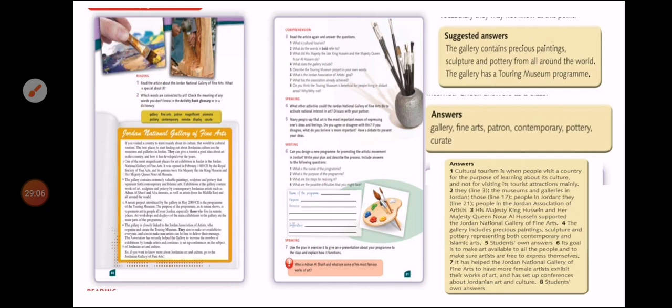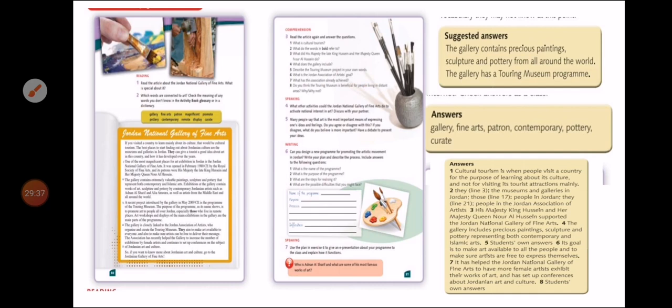What has this association already achieved? شو أنجزت هاي الأسوسيشن؟ Now, it has helped, ساعدت, the Jordan National Gallery of Fine Arts to have more female artists exhibit their works of art and has set up conferences about Jordanian art and culture. هذا الجواب موجود في line 24 and 25.